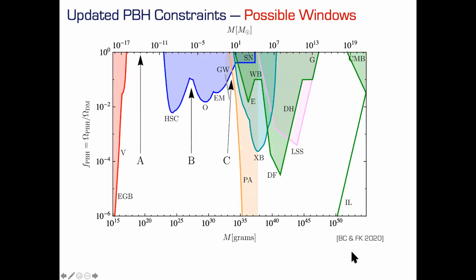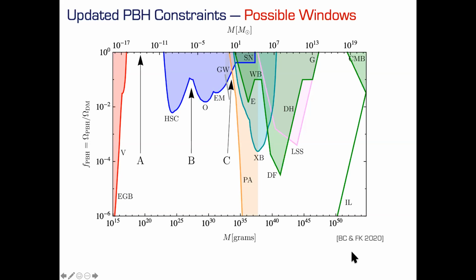And this is now a very recent constraint diagram showing the primordial black hole dark matter fraction versus mass in grams here, and solar mass is around here. So you have gravitational wave limits, microlensing limits, but what's important here is that you do have different windows where you can put more or less primordial black holes in certain abundances, and a big open window to put basically all of the dark matter very easily is in this asteroid mass range.